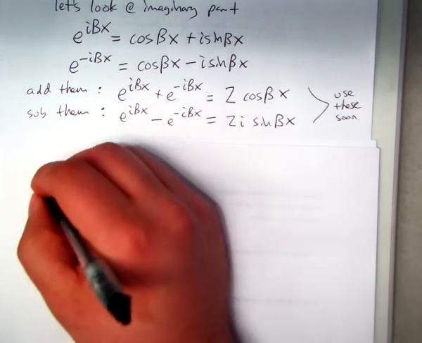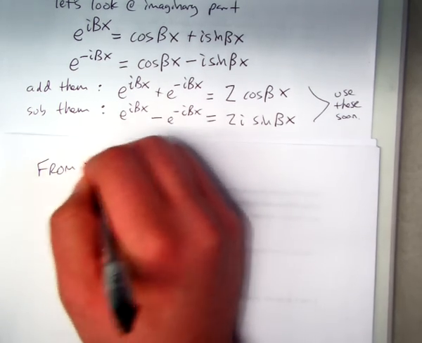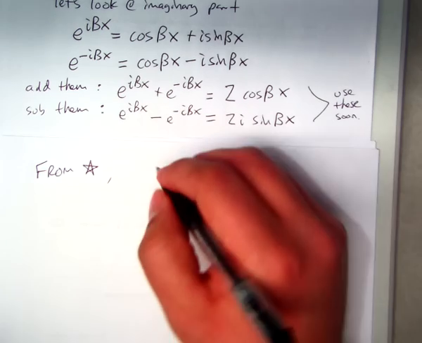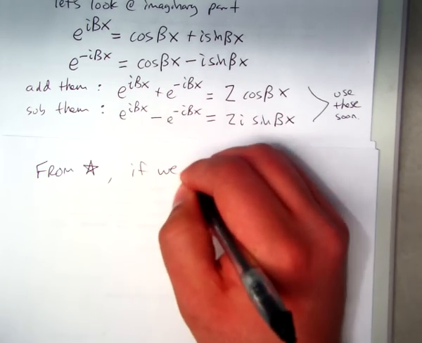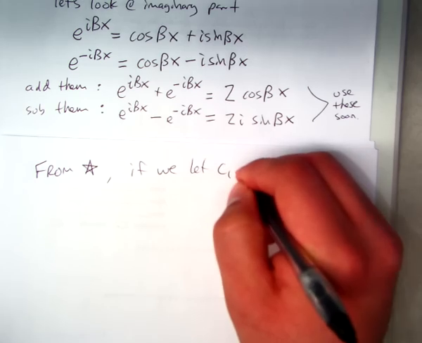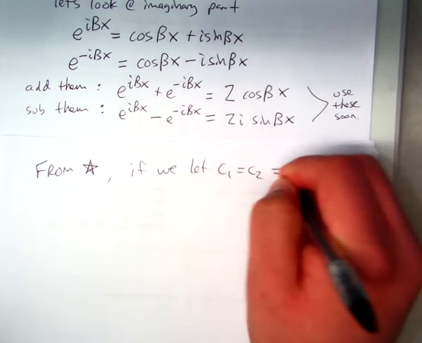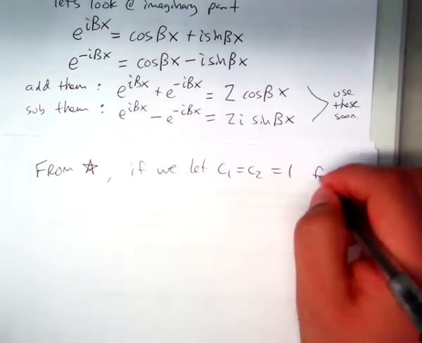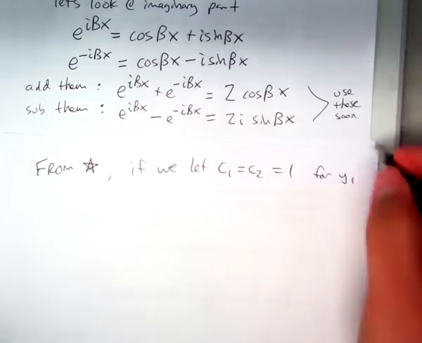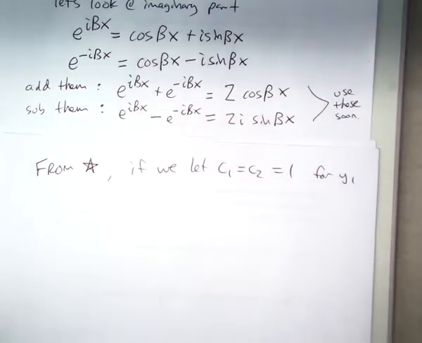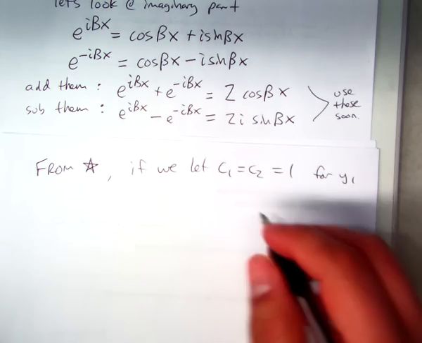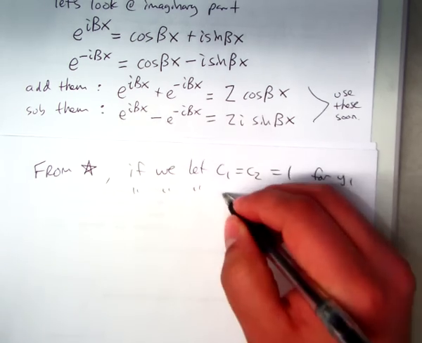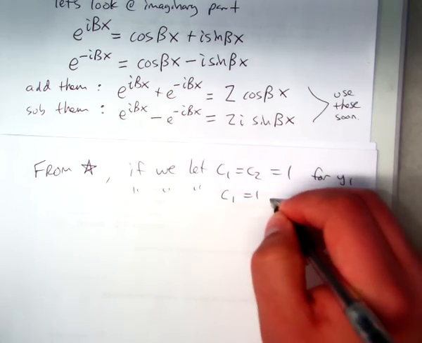Okay, so from that green equation, from star, to make things easy, if we let C1 equal C2 and just make these constants 1 for our first solution, and to get a second solution, we'll do the same idea. We'll do C1 equals 1, though, and C2 equals negative 1.